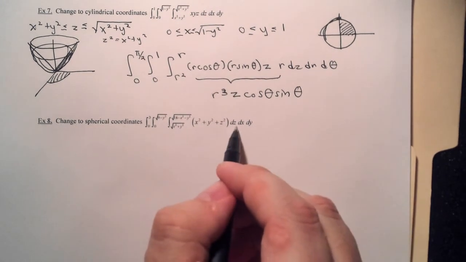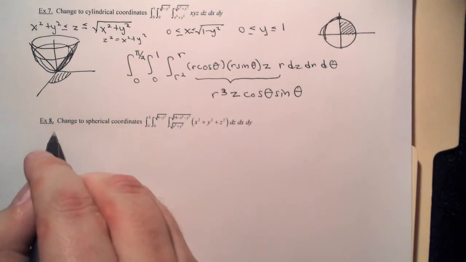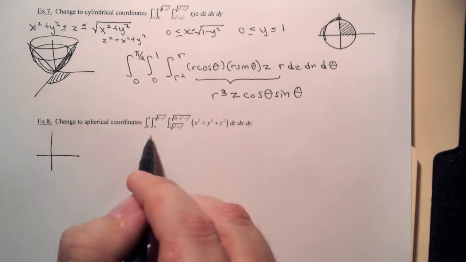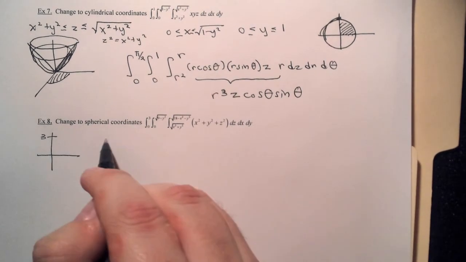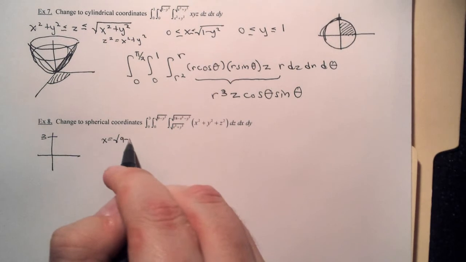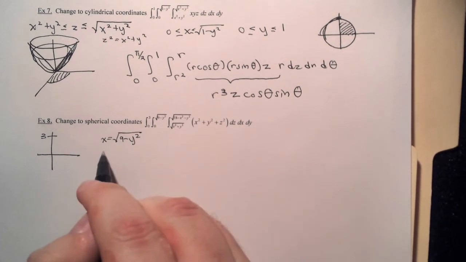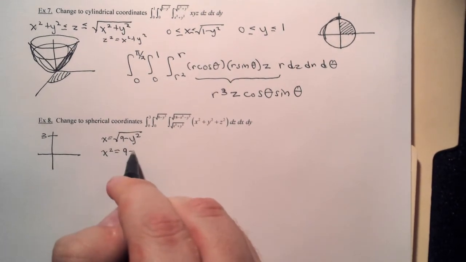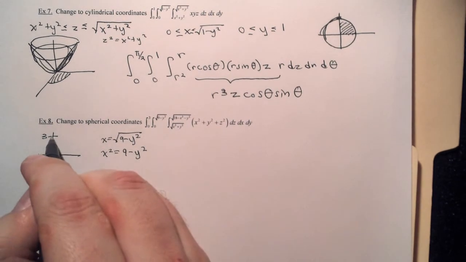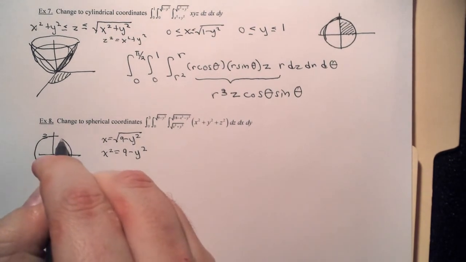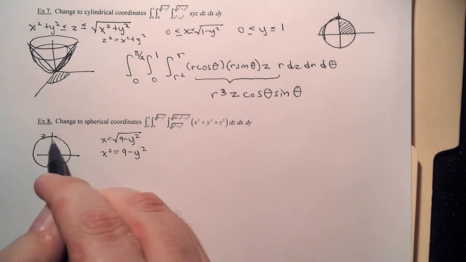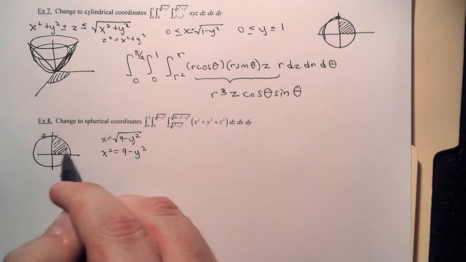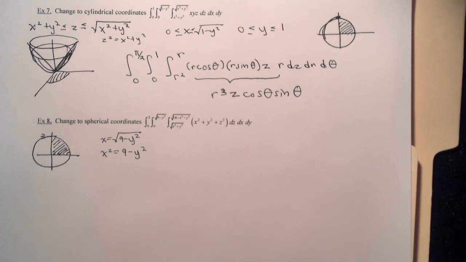So, my bounds for x and y: y is going from 0 to 3, and x is going from 0 to the square root of 9 minus y squared, which means, if I squared that, x squared equals 9 minus y squared. That's a circle of radius 3. X is going from 0 to the circle, y is going from 0 to 3, so again, my region in the xy plane is a quarter circle.